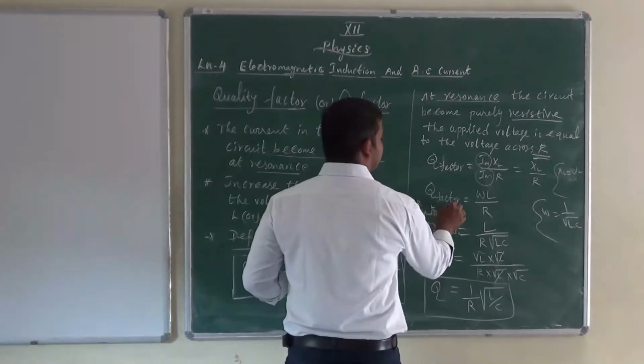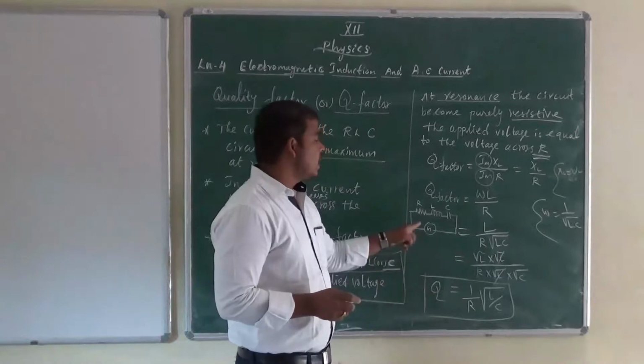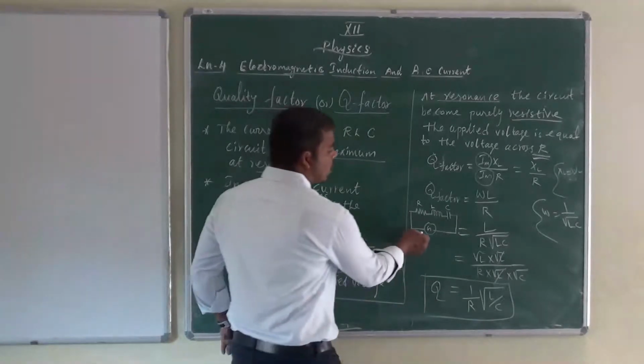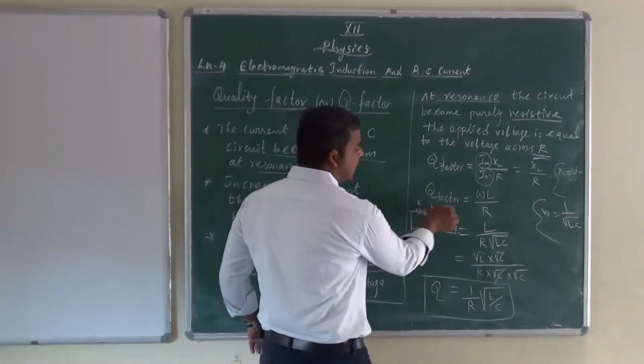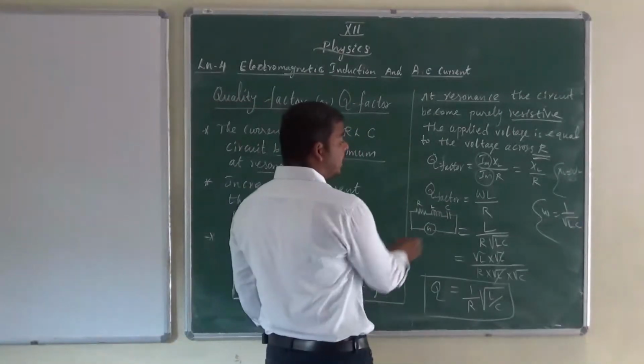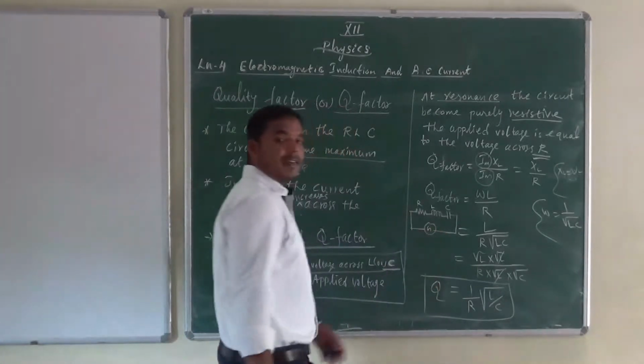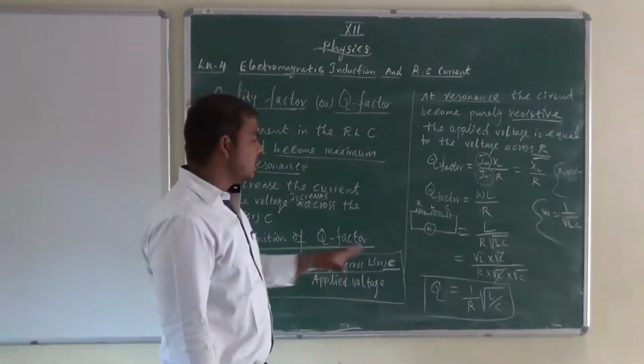Resistance, inductor, capacitance. What is the physical meaning of quality factor? The number of times the voltage across L or C is greater than the applied voltage. That is the physical meaning.